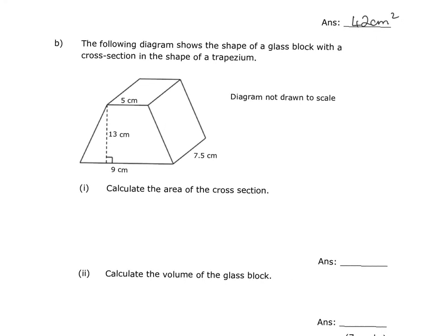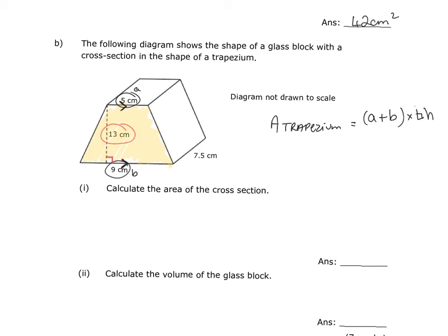Question B. The following diagram shows the shape of a glass block with a cross-section in the shape of a trapezium. Calculate the area of the cross-section. The cross-section, don't forget, is this one over here. Okay, that is the cross-section, and it is in the shape of a trapezium. Now, to find the area of a trapezium, we have sides A plus side B, and side A and B are the parallel sides. So side A and side B times the perpendicular height, and the perpendicular height is this one because it is 90 degrees.